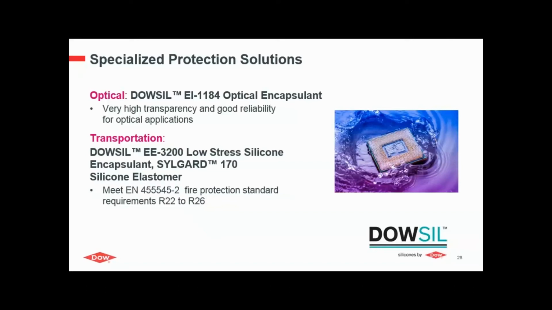Optical applications also need to be protected, and the DOWSIL EI 1184 is one of the solutions that we can offer for such applications, with a very high transparency and a good reliability for optical applications in some harsh environments. So high heat, 150 degrees, high humidity, UV irradiation. So this material can be used for indoor or outdoor applications.